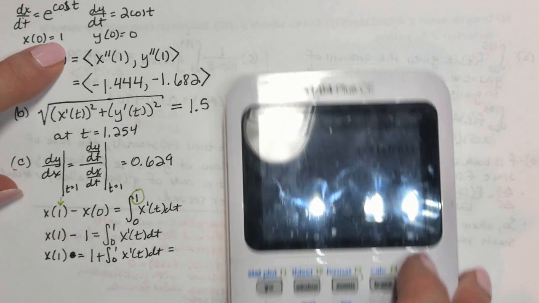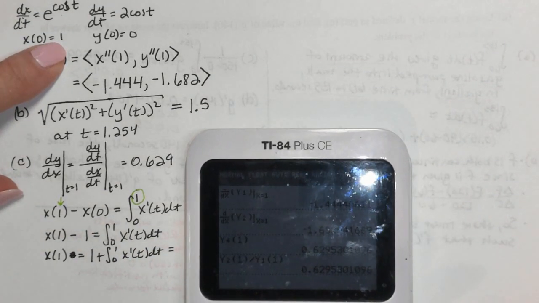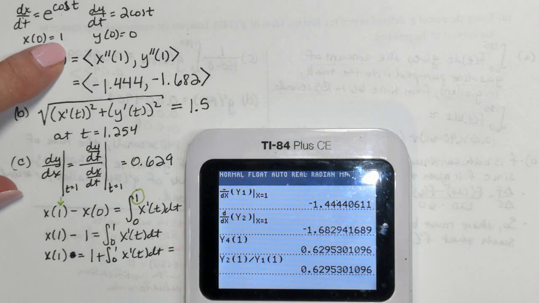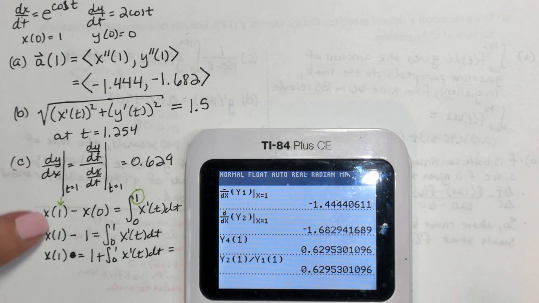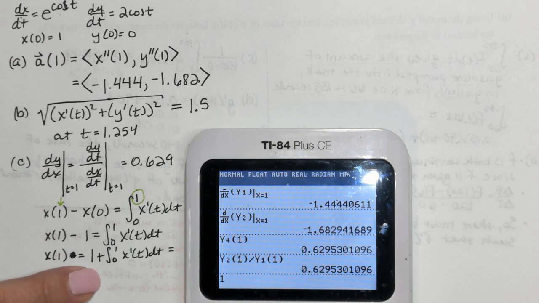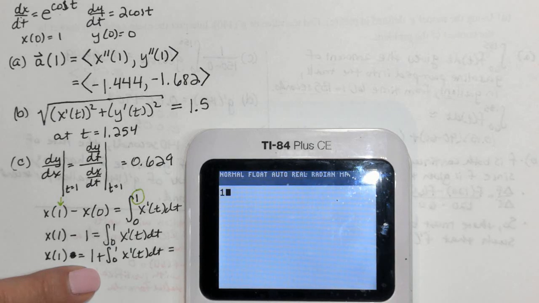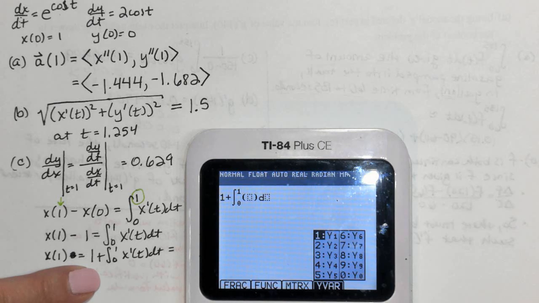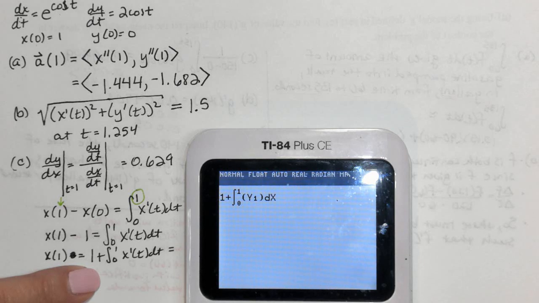Let me clear that so you can see this. 1 plus the integral from 0 to 1 of y1, which is our x prime, right?